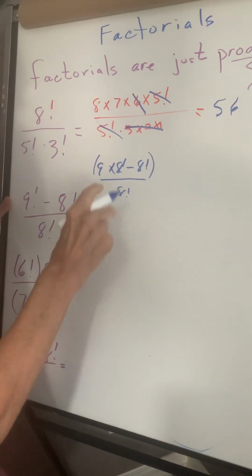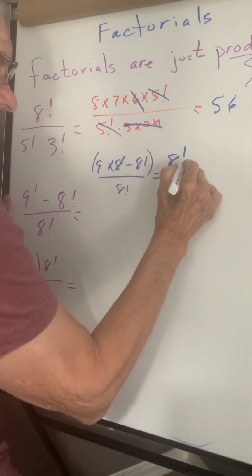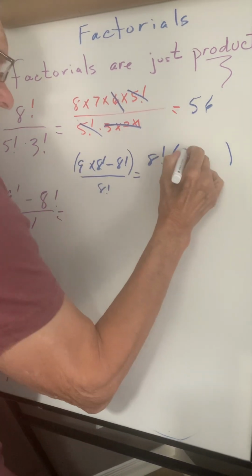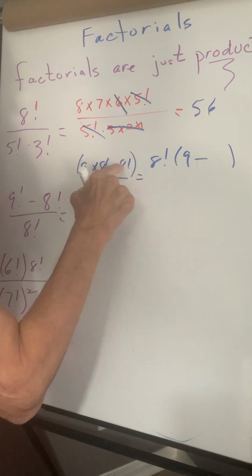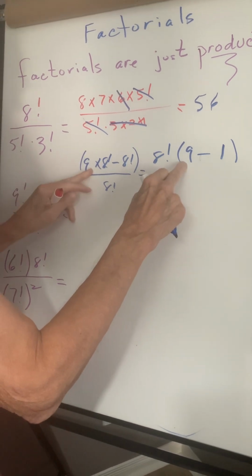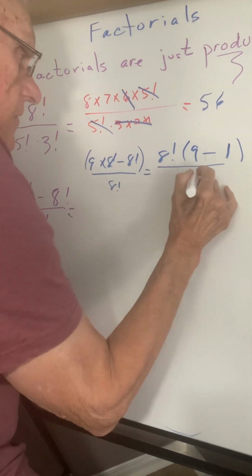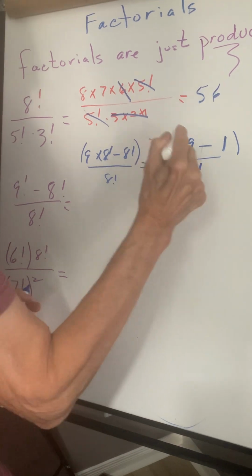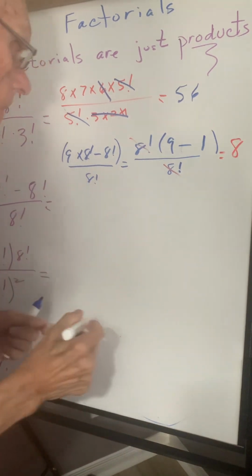But this can be a common factor and I can take out 8 factorial. And 8 factorial goes into itself and I'm left with 9, and minus, it goes into itself once. So what I really have is this times this is this, and this times 1 is this, all over this. This cancels this, and my answer is 9 minus 1, which is 8.